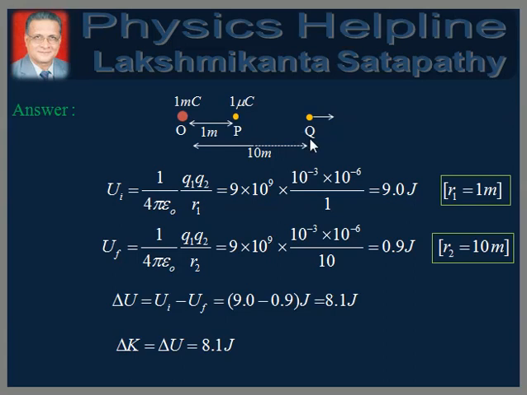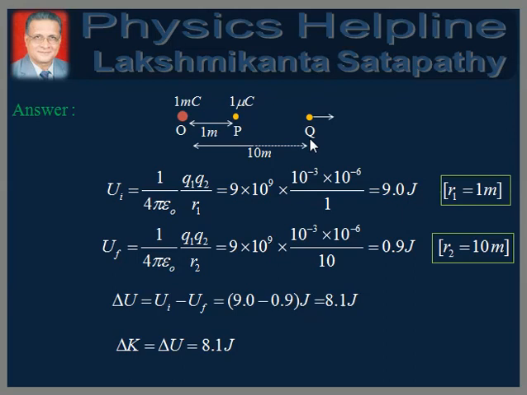When it is at Q, its distance from O is equal to 10 meters. We are required to find the speed of the particle at Q. It can be determined using conservation of mechanical energy as follows.